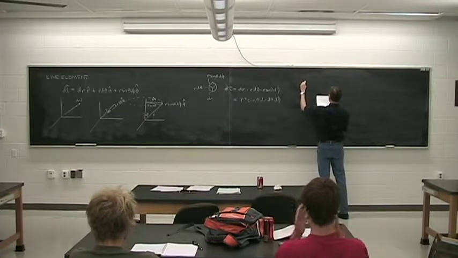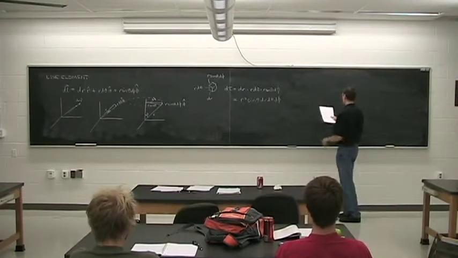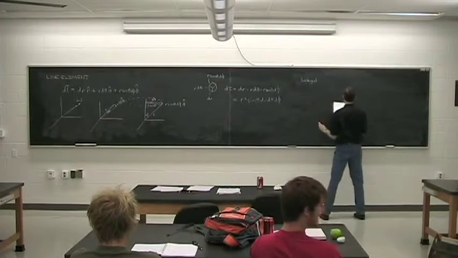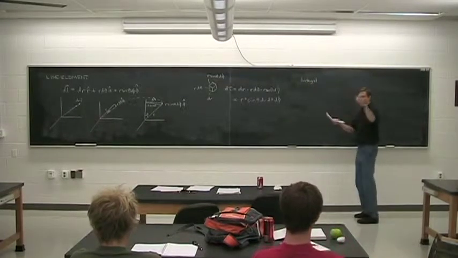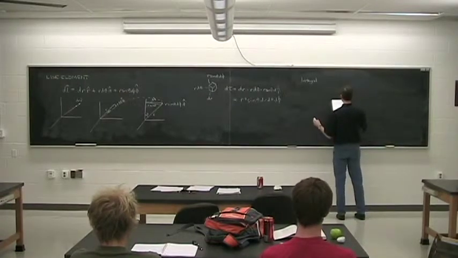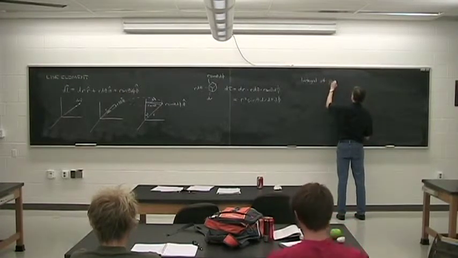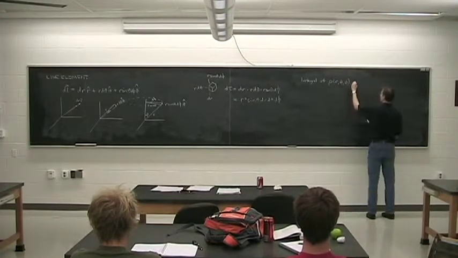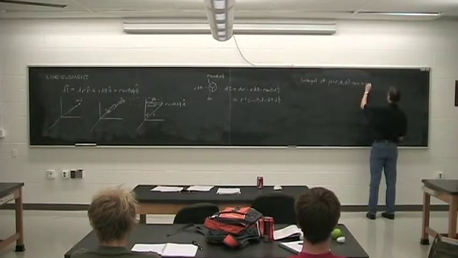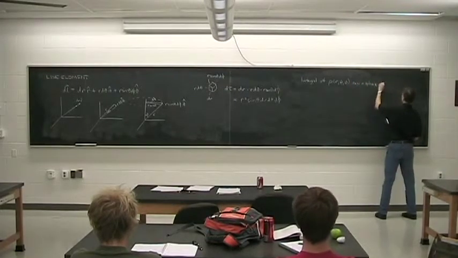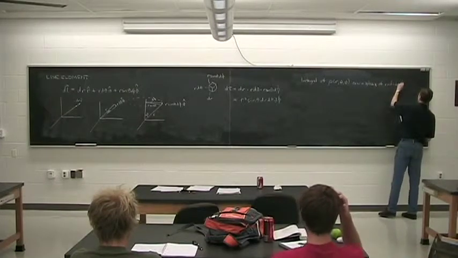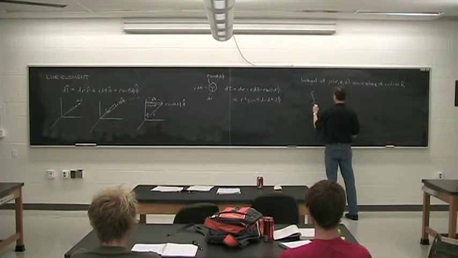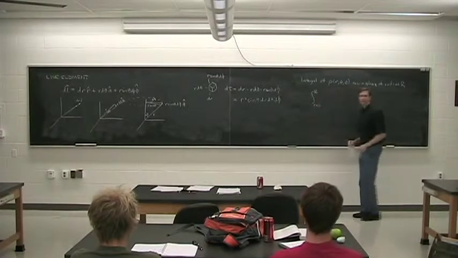And so if we want to do a volume integral, we use that as the volume element. In general, if we wanted to integrate over some sphere, and it doesn't have to be a sphere, it could be some more general shape, but if we have some function rho of r, theta, and phi written in spherical coordinates over a sphere of radius r, then we would integrate from r equals 0 to the radius of the sphere.